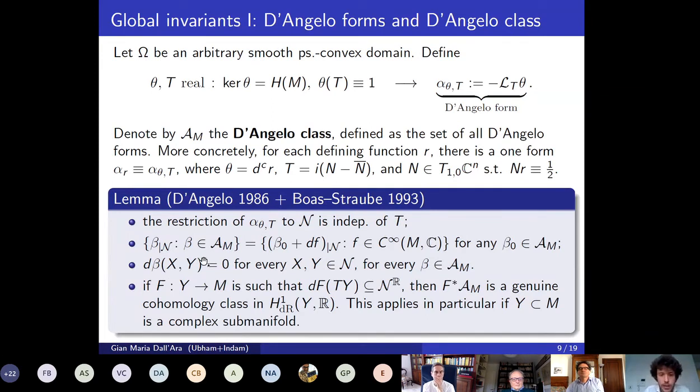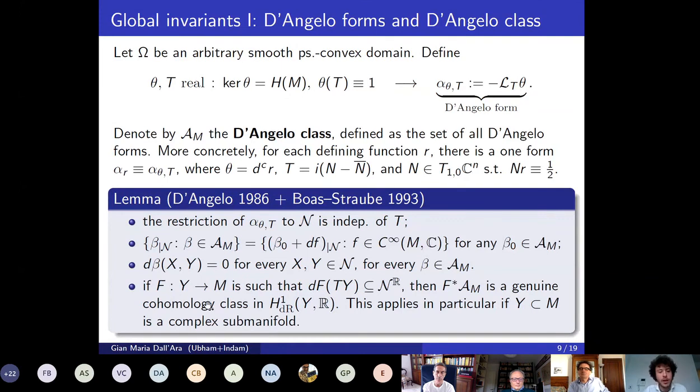This means that it's legitimate to think of this as, at least, a sort of cohomology class on our boundary. Moreover, this becomes a genuine cohomology class whenever you have inside your boundary a submanifold Y with the property that its tangent bundle is contained in the Levi null distribution.